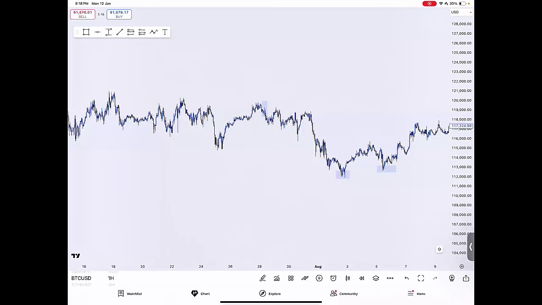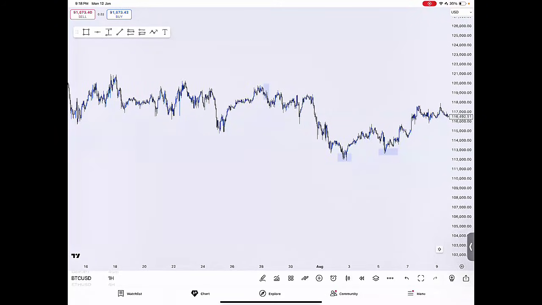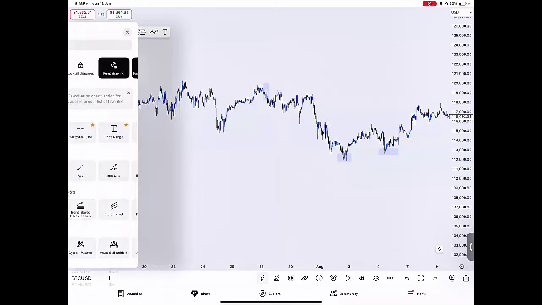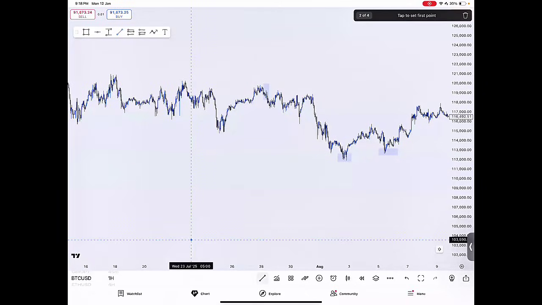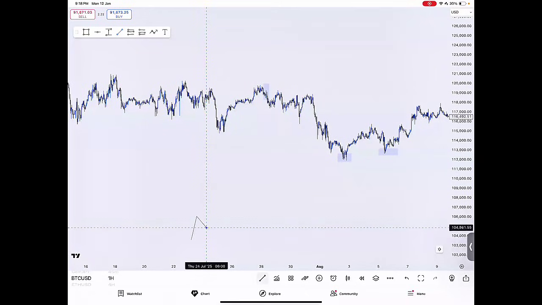So the first two are under trending markets: you have the uptrend, then the downtrend. The uptrend is basically when the market is giving you a series of higher highs and higher lows. Each high that price presents will be higher than the previous one, and each low will be higher than the previous one as well.